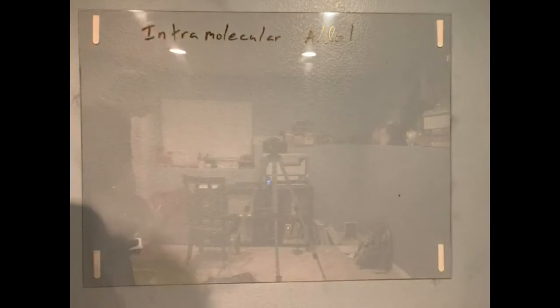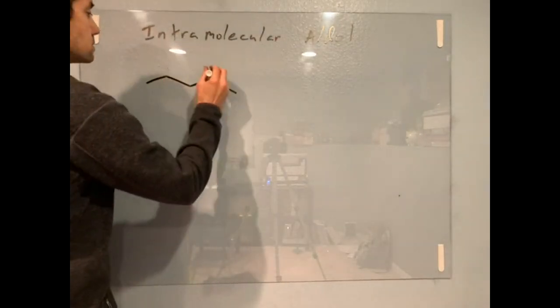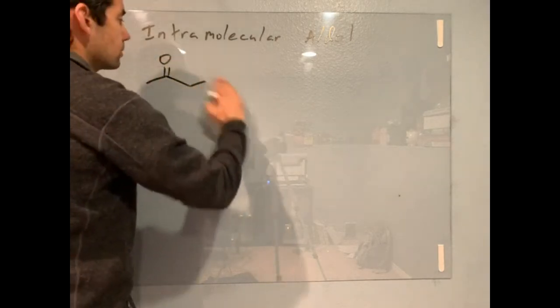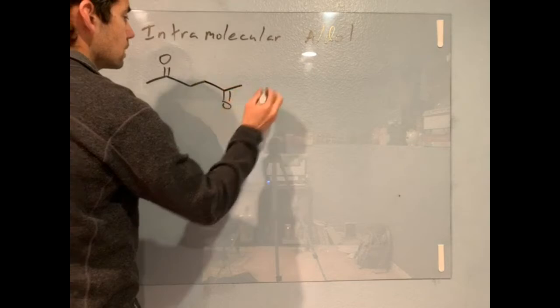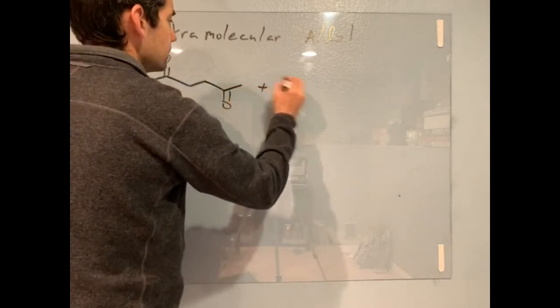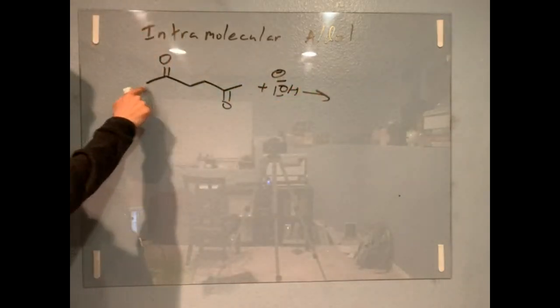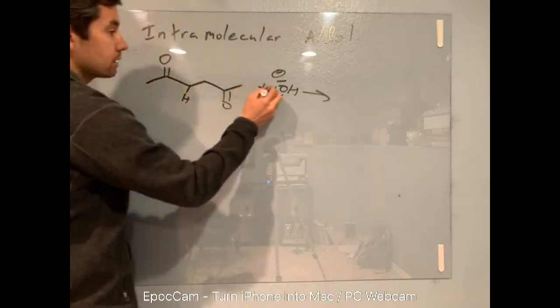We'll draw in our group again. Oops, missing one carbon. There we go. All right. So we're going to add our base in this time. And so notice last time we made the enolate at this carbon. But I have an alpha carbon here as well, right? That has hydrogen attached to it. What would happen? Let's see.